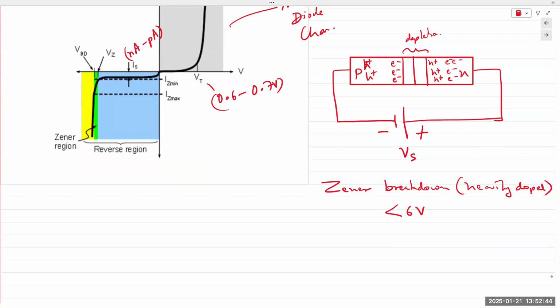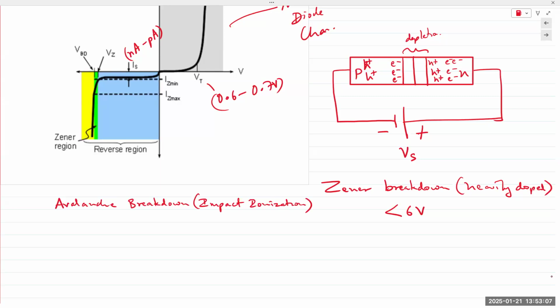And the second type of breakdown is known as avalanche breakdown. This occurs due to a process known as impact ionization.